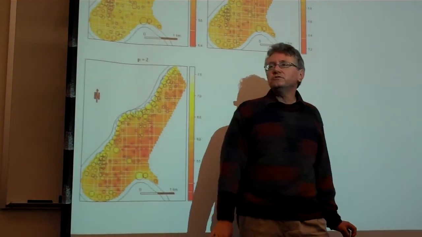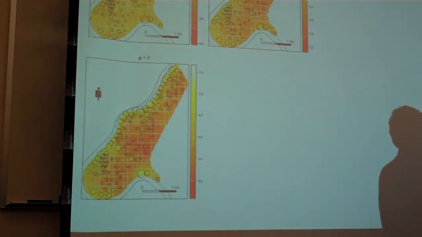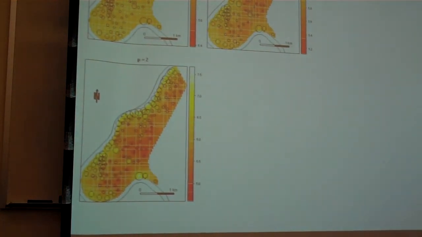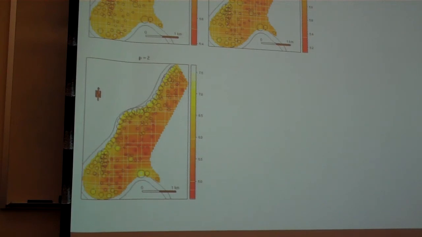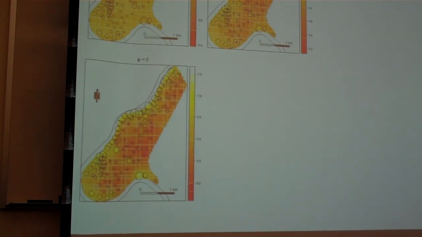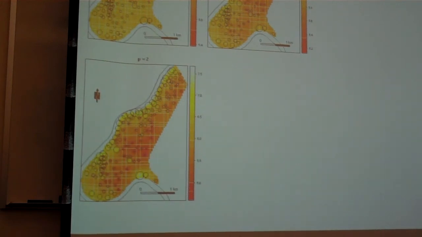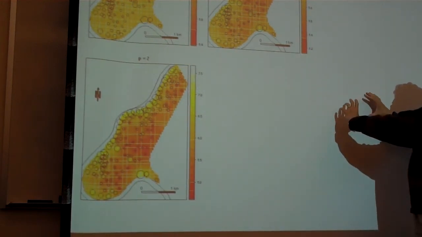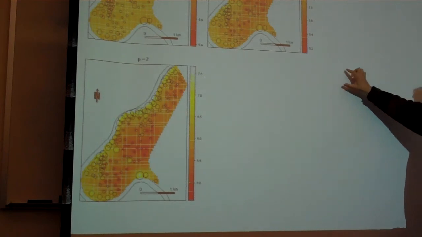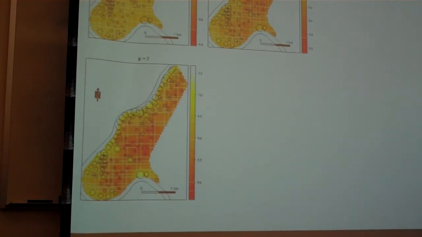And for p equals 2, you can make conceptual arguments for why that might be a good one too, because if you think about increasing distances in two-dimensional space, the area of a ring between distance d and d plus delta gets larger as d gets larger.